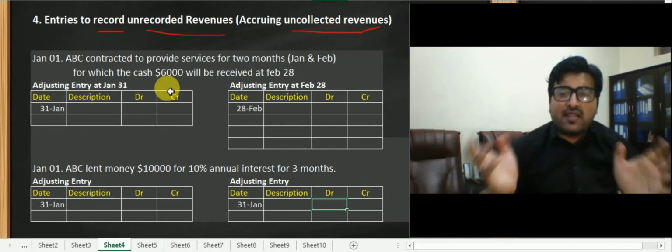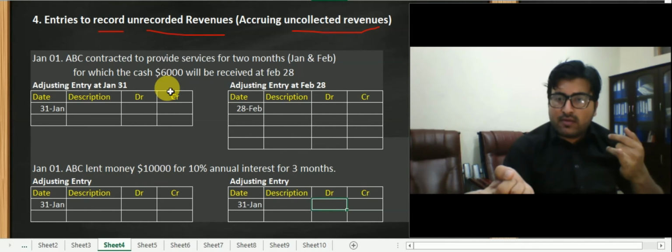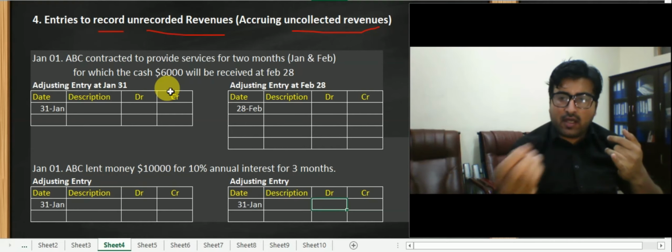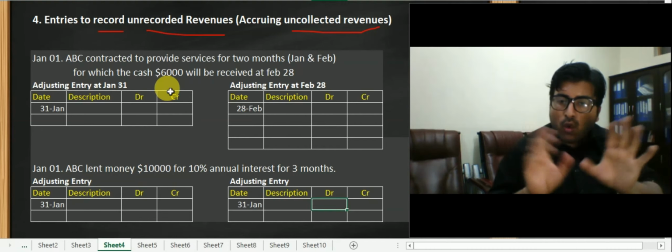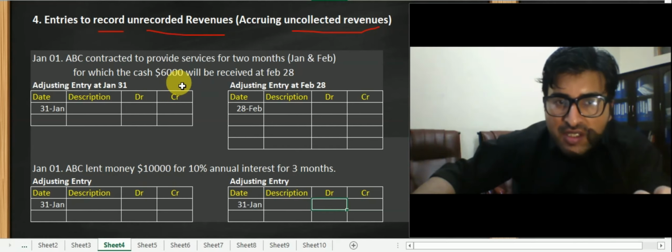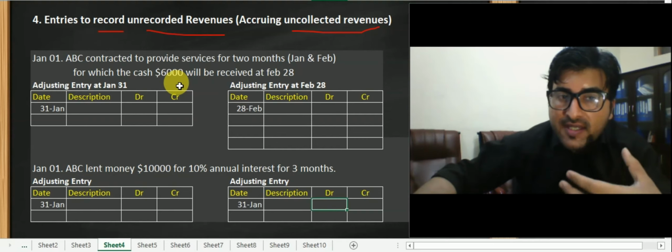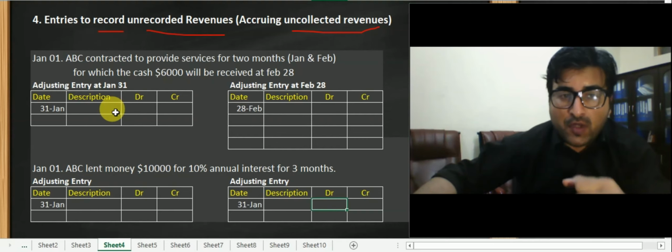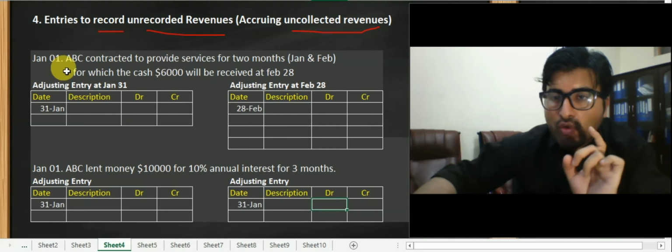This can be any service, maybe renting, giving an apartment for rent, maybe teaching, maybe hotel service or any other service. Now how much is to be received at the end of the completion of the service? $6,000. Okay, now the contract is happening at January 1.